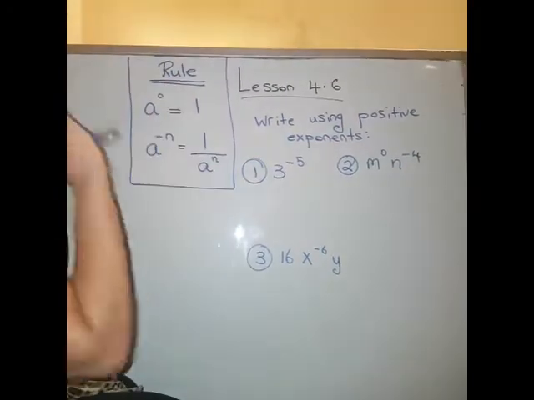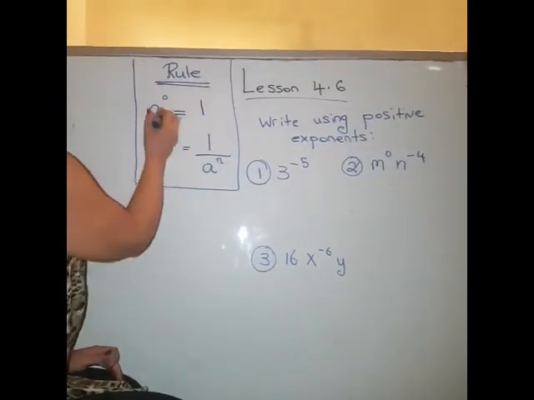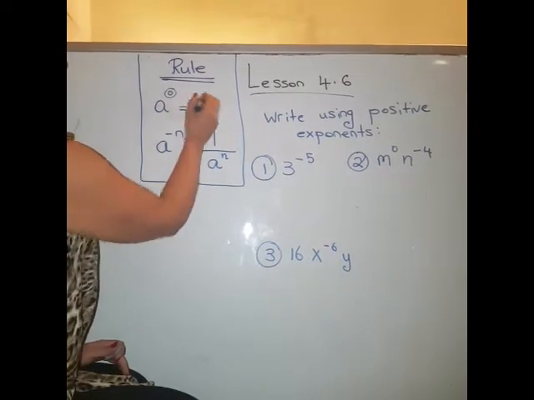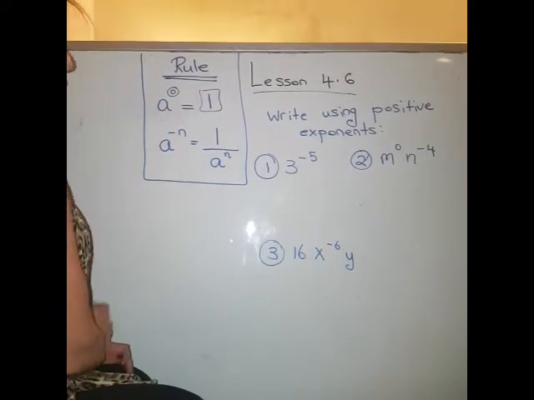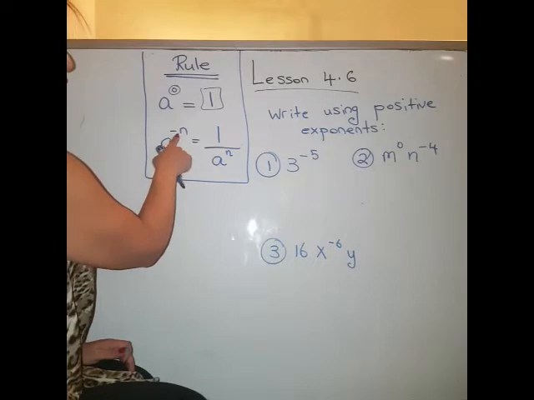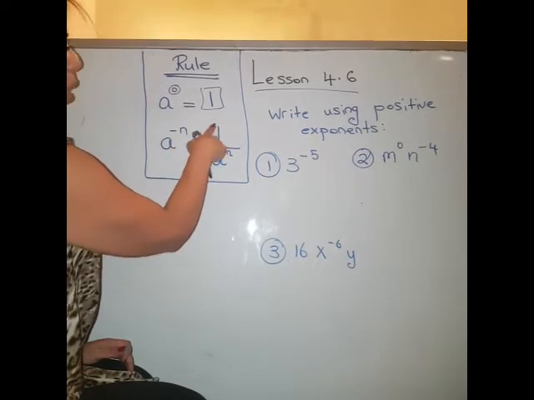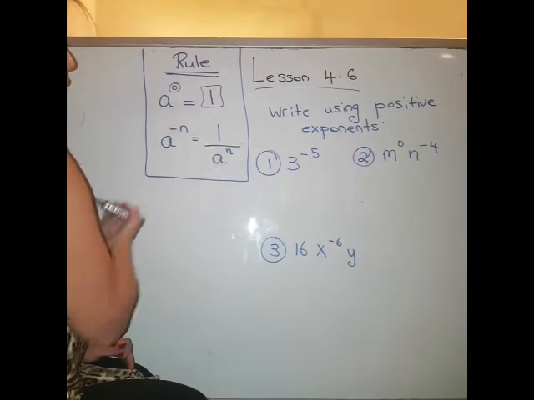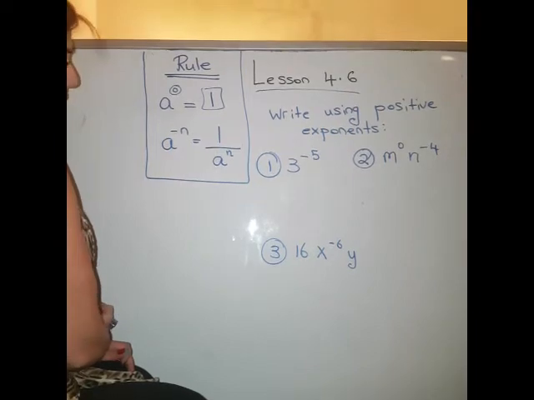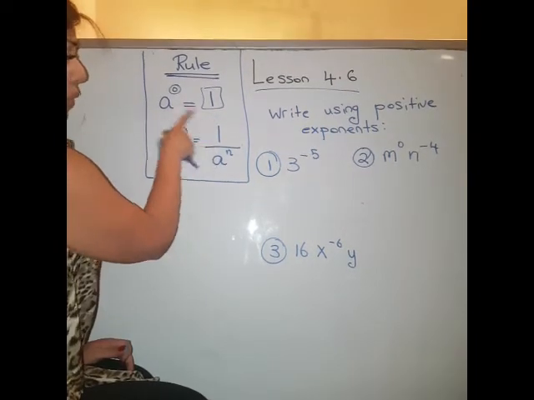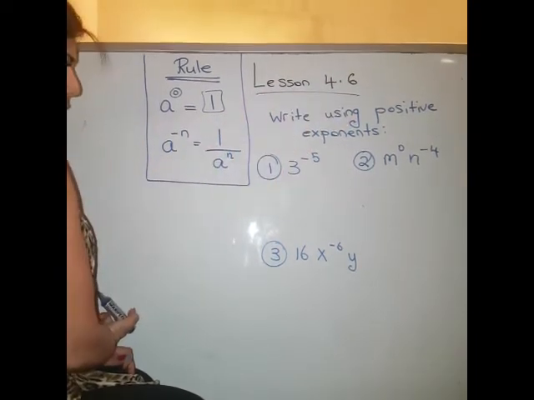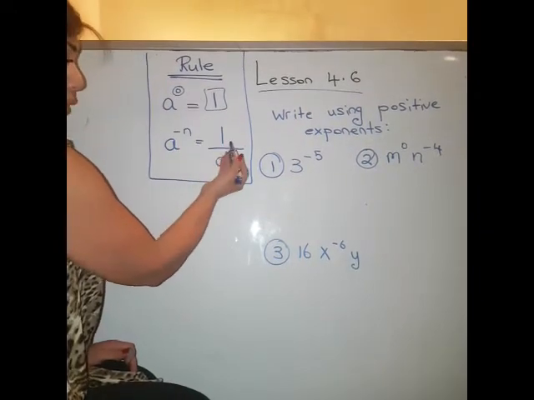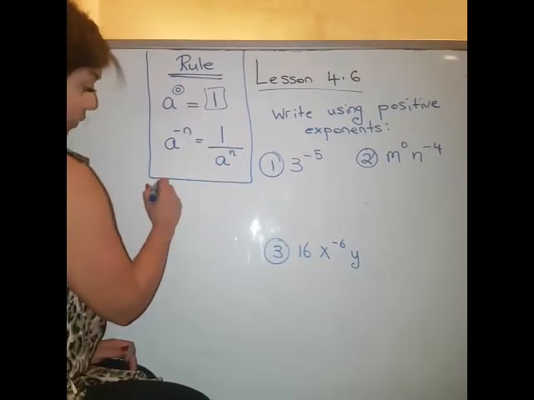Okay, the main rule for this lesson is any number to the power of 0 is equal to 1. Any number to the power of a negative exponent is 1 over the number with its exponent. Usually I need to rewrite them using positive exponents. Always remember, I'm going to give you a trick here.